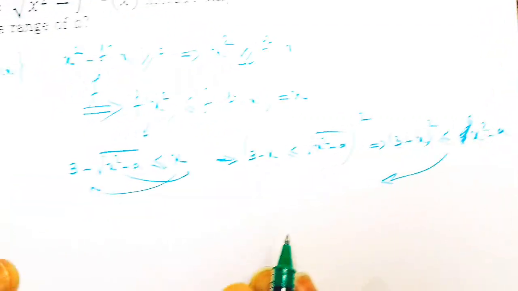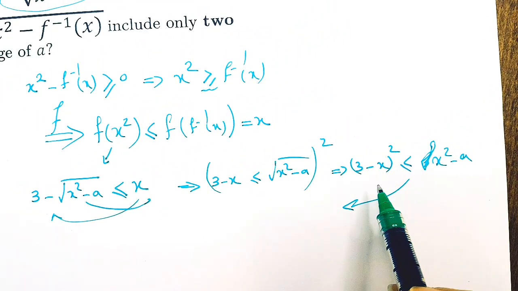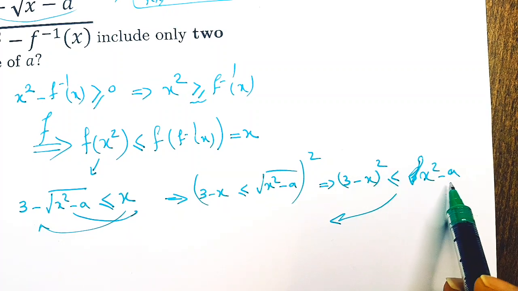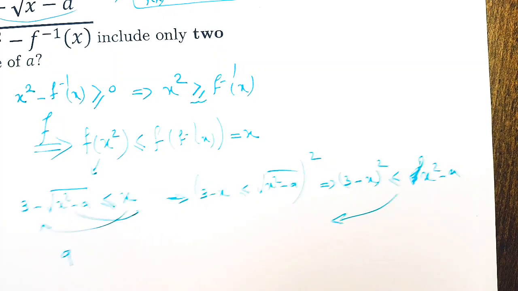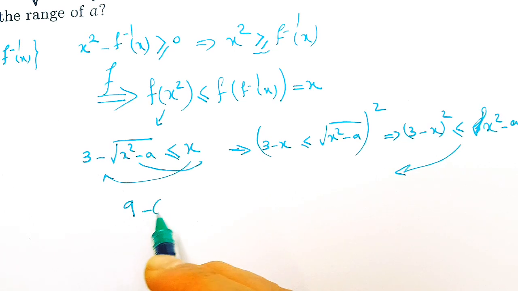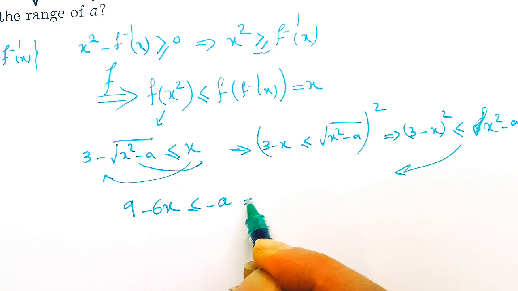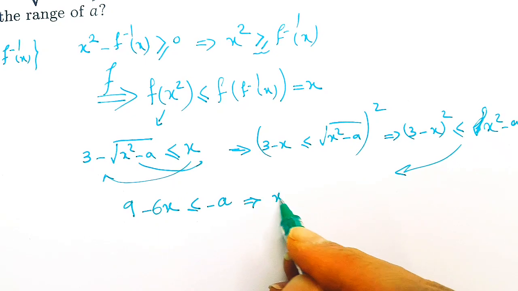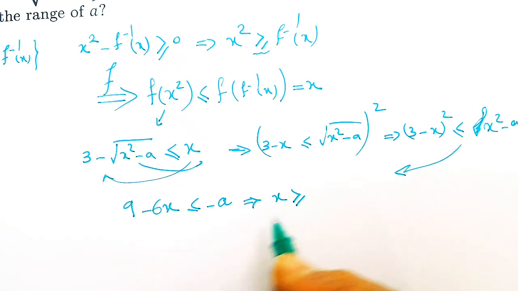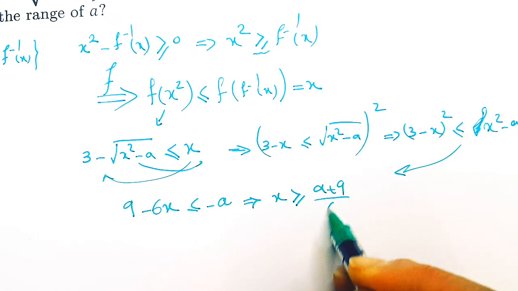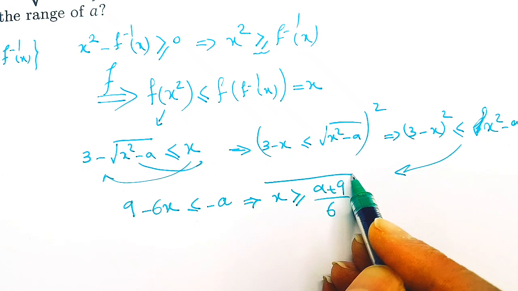Then let's simplify this expression. The x squared from both sides will go away, and on the left hand side we are left with 9 minus 6x less than or equal to minus a. Then if we simplify this, x will be more than or equal to a plus 9 over 6.